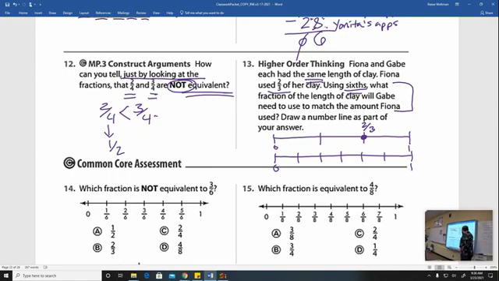This one? That's not equivalent to 2/3. You sure about that? Is it right here? What's the fraction?